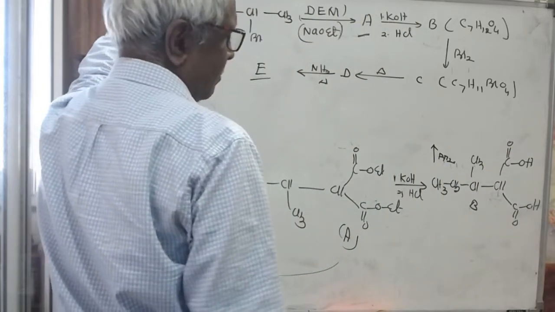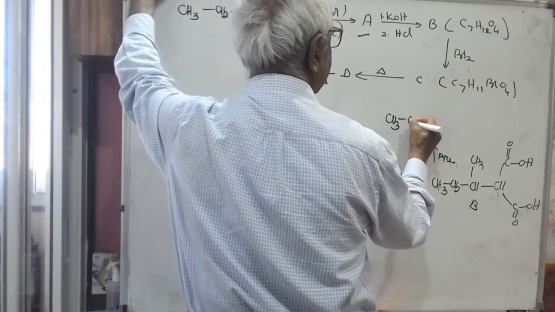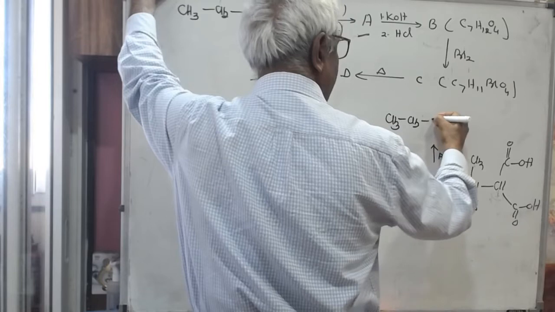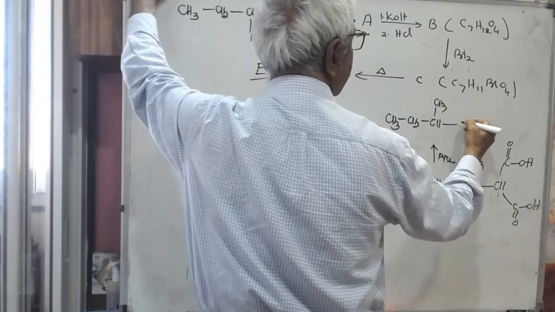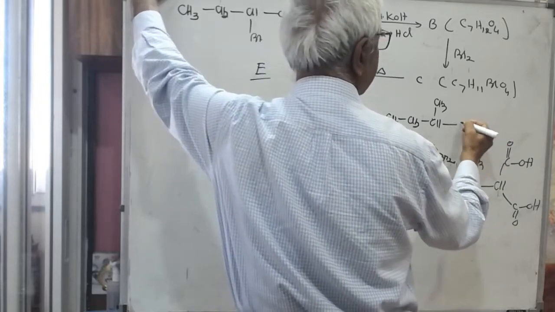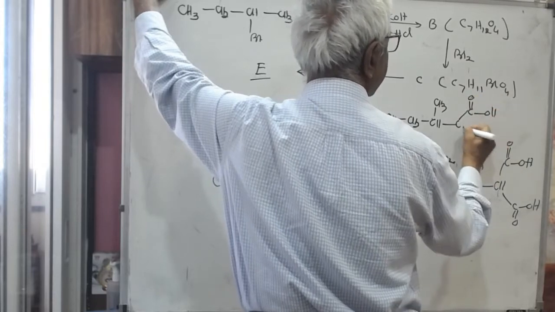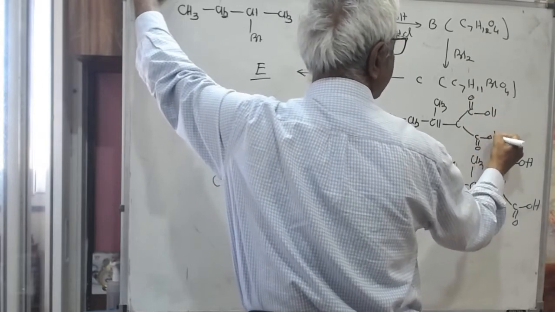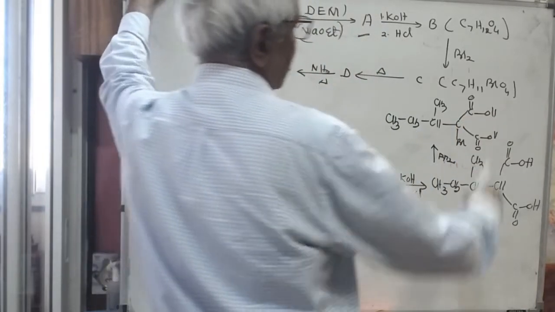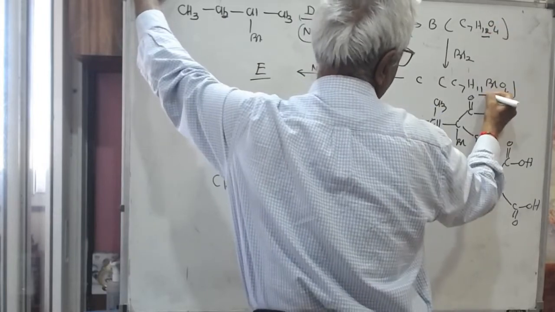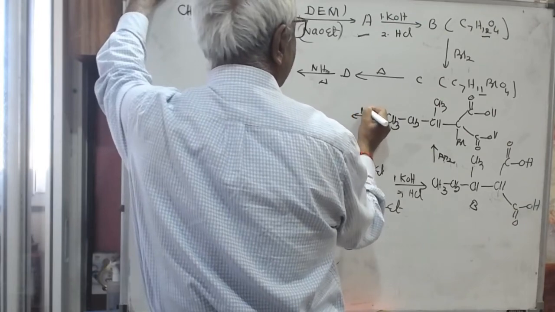So the molecular formula matched. When it reacts with Br2, what will happen? CH3CH2CH(CH3)C(Br)(COOH)(COOH). So instead of 12, 11 hydrogens, a Br is introduced.